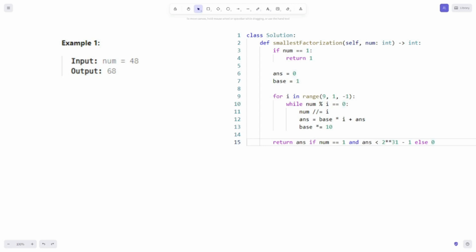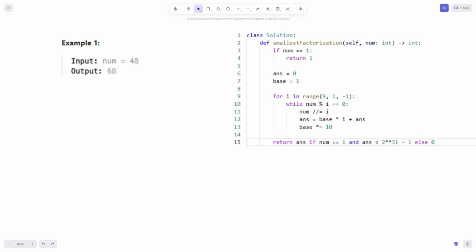Okay, so we start at range 9, while num 48 modulus 9 is not equal to 0, so we loop back, decrementing by 1. So I becomes 8, and we check again, is num modulus 8 equal to 0? Let's see, 48 modulus 8 is 0. There is no remainder, so then num becomes 48 divided by 8. So 48 divided by 8 is 6.